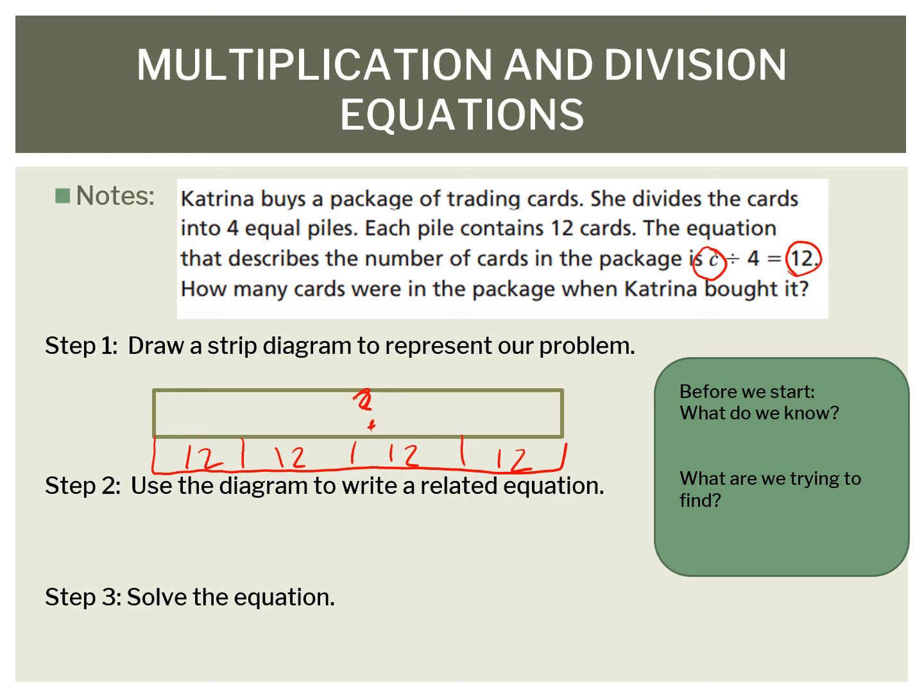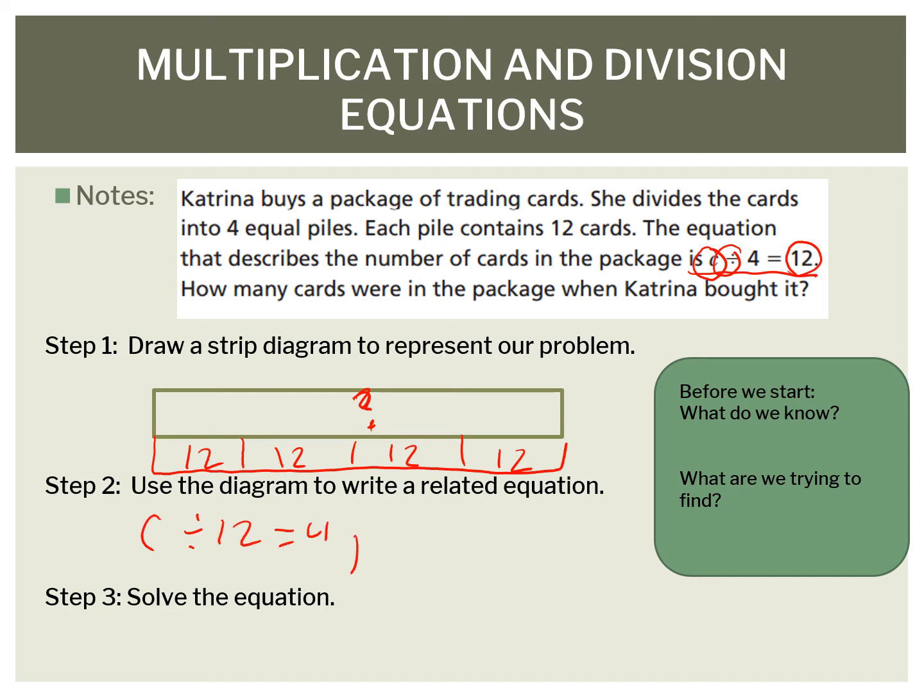So now I need to write a related equation. The opposite of division is multiplication, or we can use a fact family and change this to C divided by 12 equals 4.